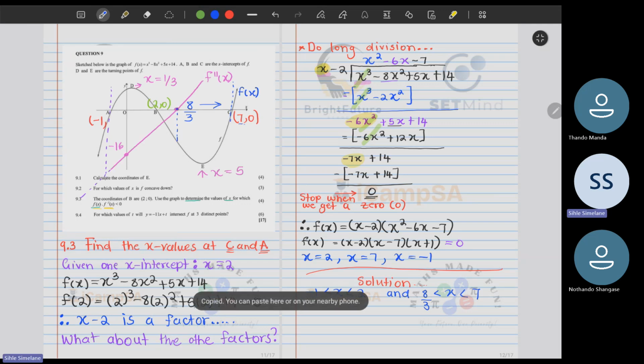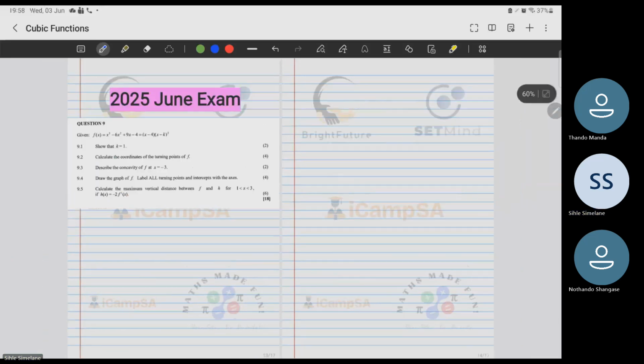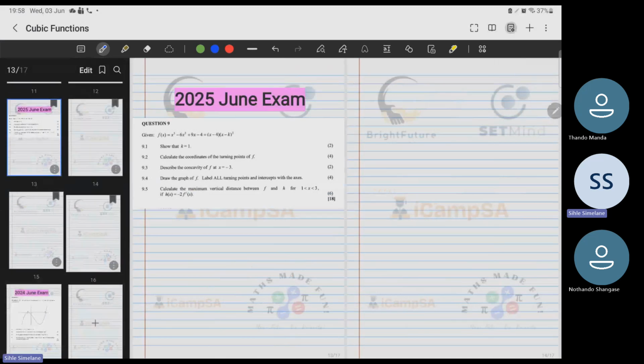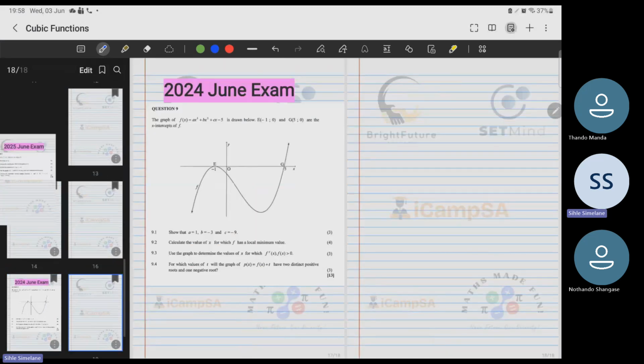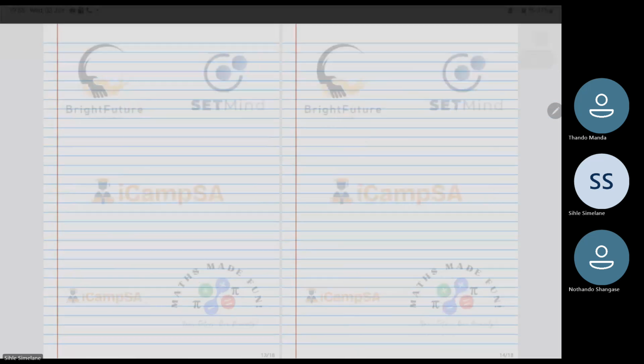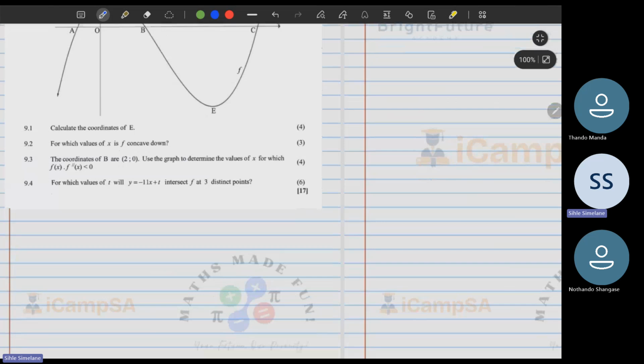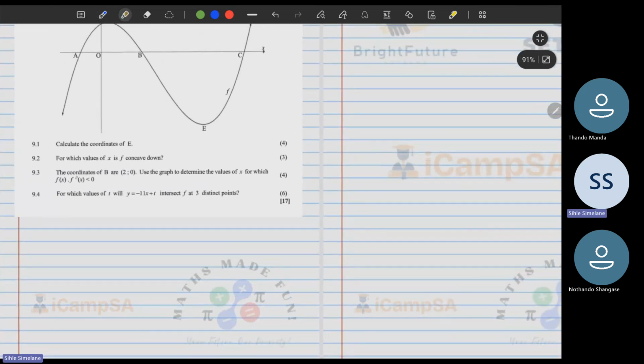So let's have a look at the last question. Let me quickly move this down. With these questions, if you practice a lot, you'll be able to figure them out. So let's have a look at this one.